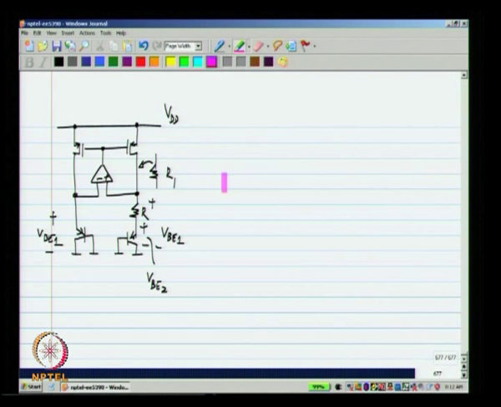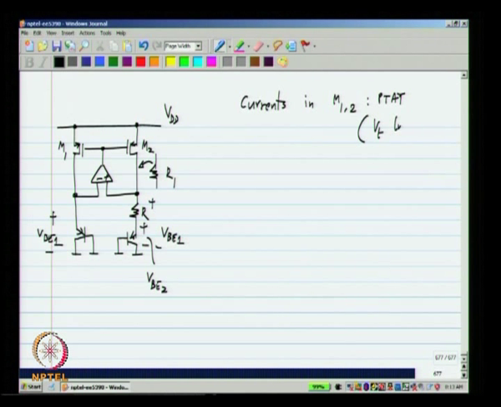Now, this can be equally well done in the current domain. First, we recognize that in this particular circuit, currents in M1 and M2 are proportional to absolute temperature.